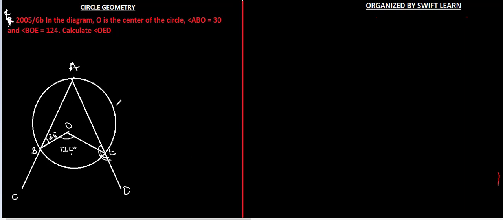The first law I taught you says the angle at the center is twice the angle at the circumference. That means the angle at the center is always greater. It is 2 times. So if here is 124, here should be what? 124 divided by 2. That means I will say BAE is equal to what? 124 degrees divided by 2. I think that's the only law we've not used since we started this tutorial.